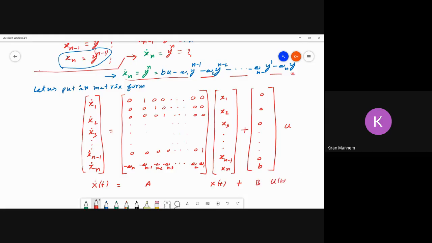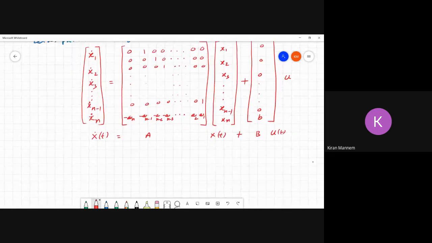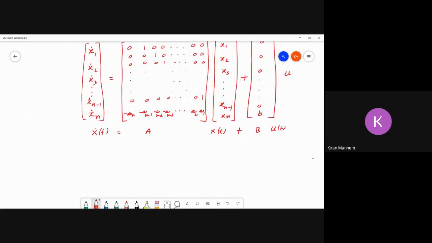Right. Now, what about output value, right? So let us look at that output values. What is output? We assume that the first state variable is your output. So y would be the first state variable. So what is the equation here? y of t must be equivalent to C into x of t plus D into u of t. So in this output, we have only one state variable, right?